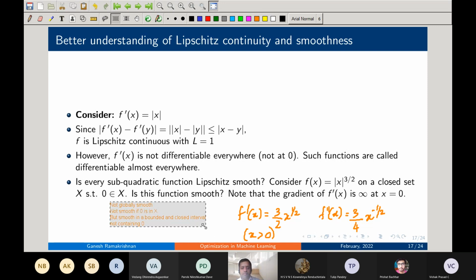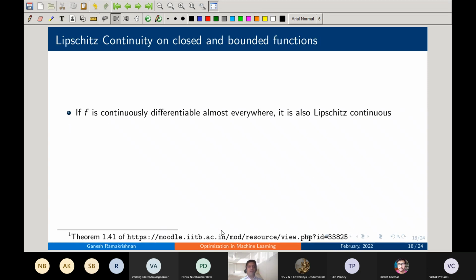Okay. Don't want to spend too much time on these. The whole goal is to get you familiar. It'd be nice if you think a little bit more. But let's talk about closed and bounded sets, and Lipschitz continuity and smoothness of functions on them. There's an interesting result. I've put it down in my advanced notes, theorem 1.4.1.